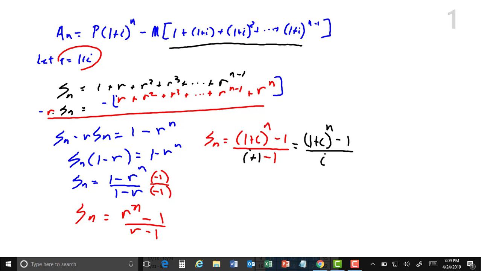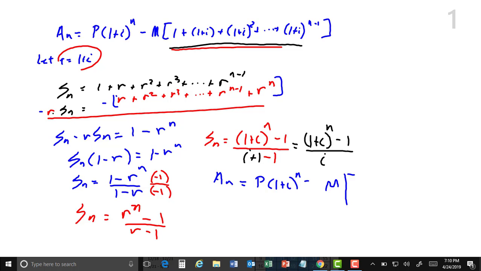So now I can rewrite my top equation, the blue equation, as a sub n equals p times 1 plus i raised to the n minus m. Now, instead of what's in the equation here, I'm going to put this new compressed way of writing this thing out.